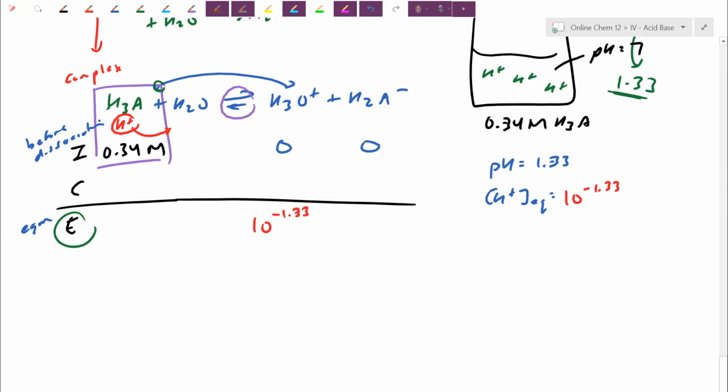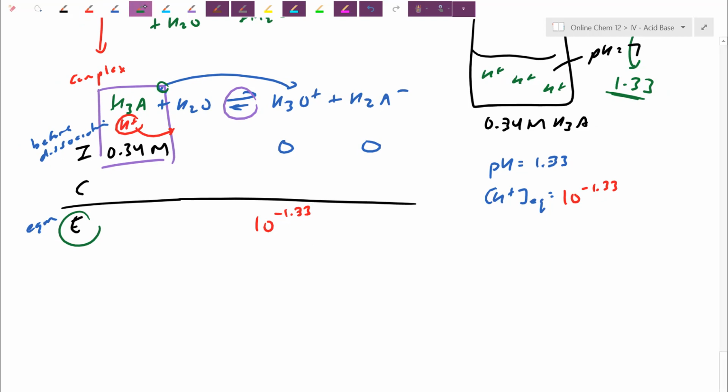If you're not comfortable with having these anti-log numbers, you can plug it in at any given point. What is the anti-log, shift log, of negative 1.33? The anti-log is just 0.046. 1.33, the significant digits are after the decimal place, so 2 sig figs. So 0.047 molar. So they actually told you, at first we were pH 7.